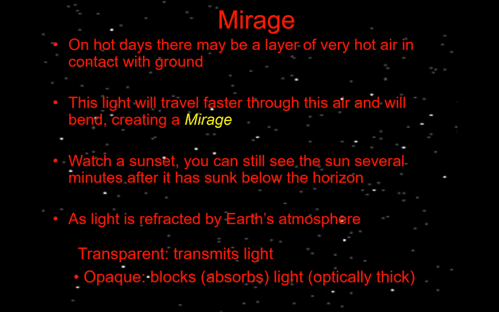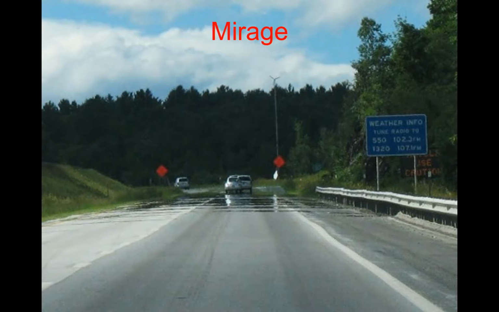Another effect is what's referred to as a mirage, and you can see this if you're driving on a particularly hot summer day. If you look around you, you can see that if you're watching the road, sometimes you see a reflection of the car in front on the ground. That's actually not a reflection, it's actually a refraction. And what this is caused by is, as we look at the road, the sun beats down on the surface and heats it up.